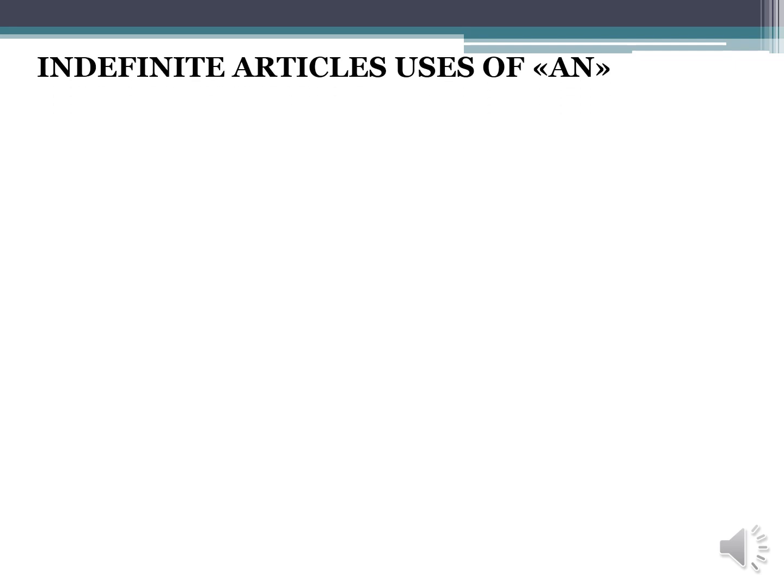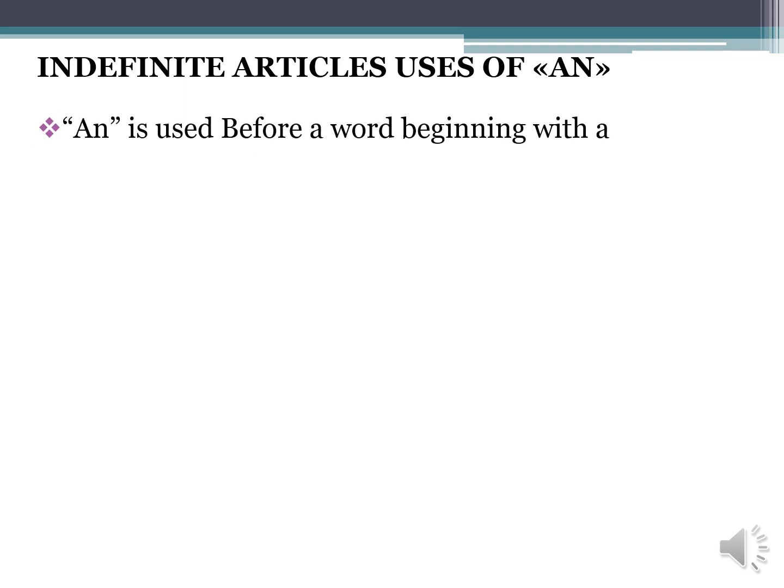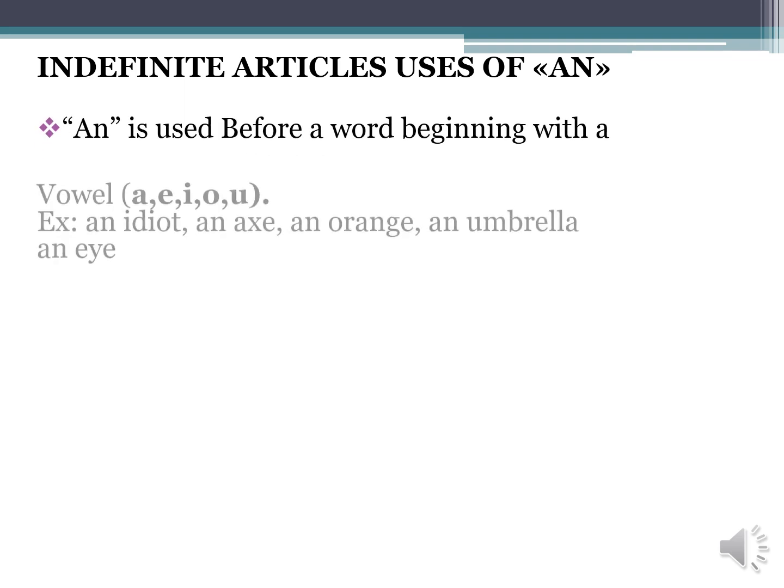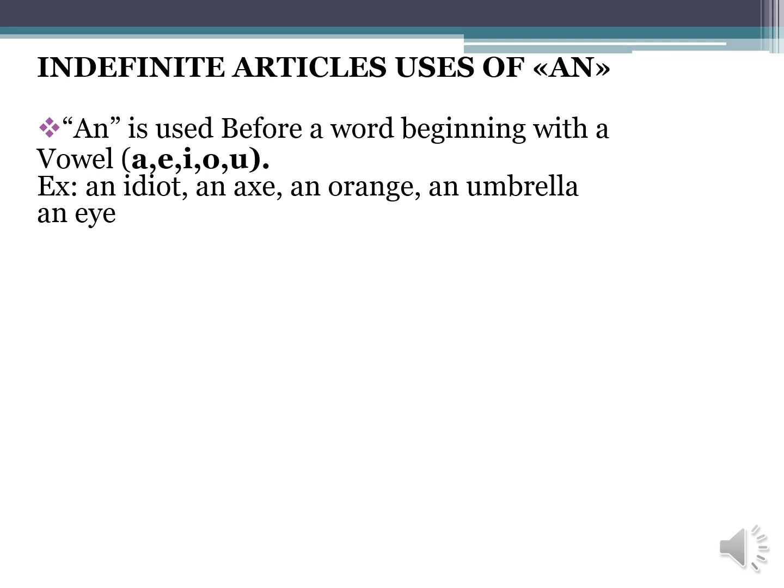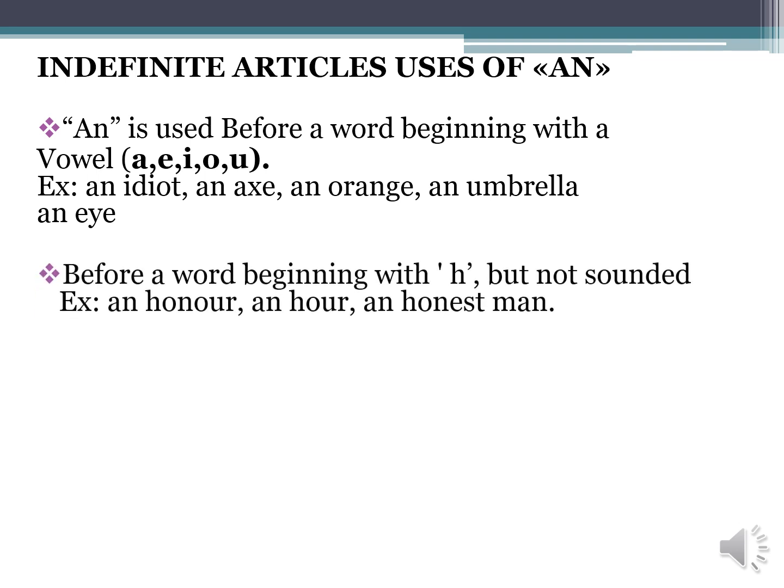Next is indefinite articles, uses of an. An is used before a word beginning with a vowel. So we can use an before words that begin with a vowel sound. Here the vowel sounds A, E, I, O, U are given in the bracket. For example, an idiot, an axe, an orange, an umbrella, an eye.